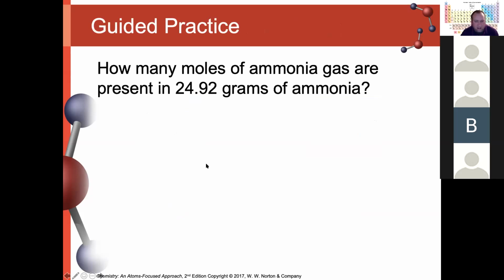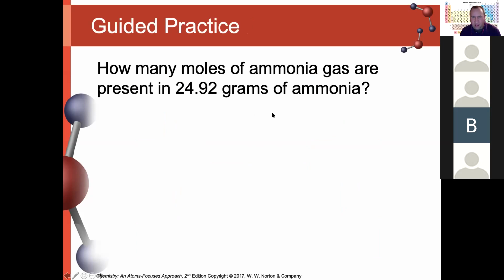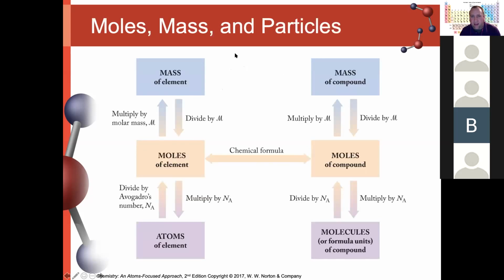Let's start off with some practice problems, and then we'll take a short break. So how many moles of ammonia gas are present in 24.92 grams of ammonia? Now, if I go back to the map, I have a mass of ammonia, and I'm trying to convert it into moles.